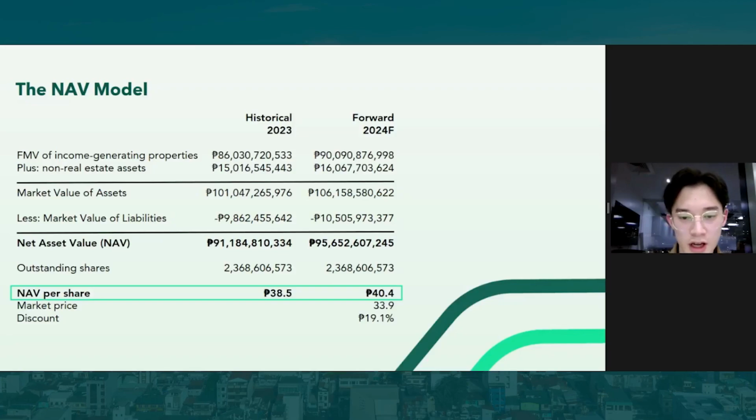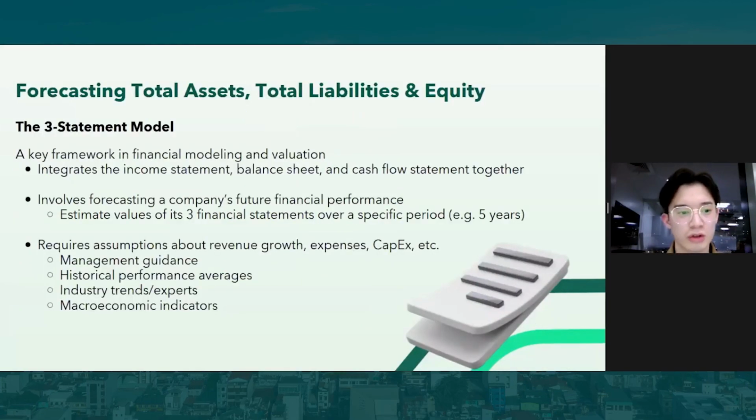Next slide. So another important thing to remember is that when you do a NAV, a net asset value model, or a DCF model, you would also need to learn how to do what's called a three-statement model. With a three-statement model, you'd be able to get the value of its total assets, liabilities, and equity. It's a key framework in financial modeling because it integrates the income statement, the balance sheet, and the cash flow statement together, giving you a more holistic view of the company's performance.